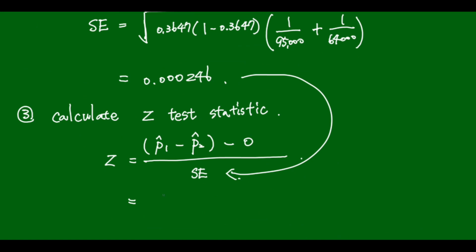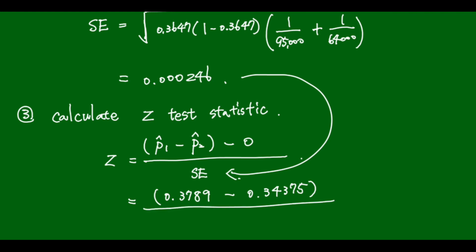So I will just plug those numbers in. My p1 hat was 0.3789 minus 0.3437, and I don't want to write down the 0 here, so I will omit that, and then divide by 0.000246.